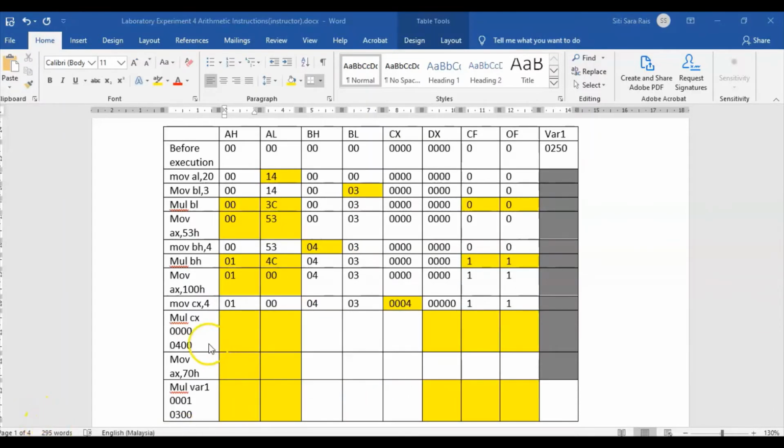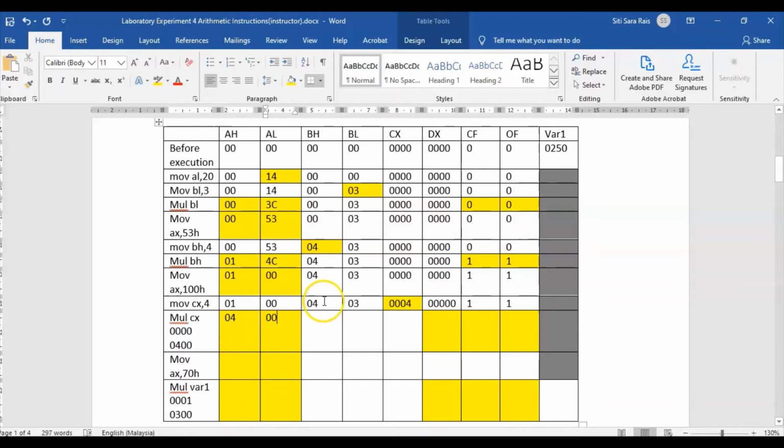Then we have the instruction mul CX, so we have to do the multiplication between AX and CX: 100 times 4, and we get 400.